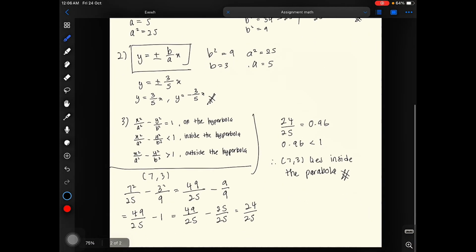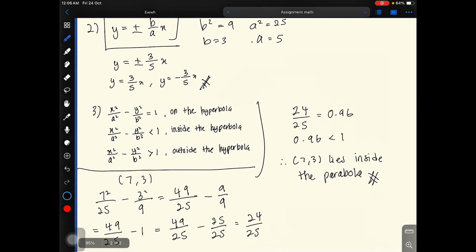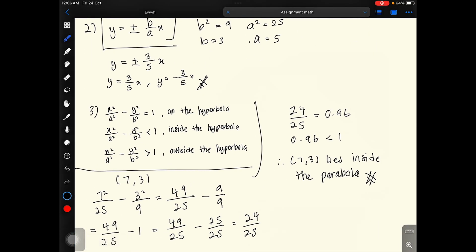So, we substitute the point (7, 3) into the hyperbola equation from earlier, which is 7 squared over 25 minus 3 squared over 9, and we got 49 over 25 minus 9 over 9, which is 49 over 25 minus 1.